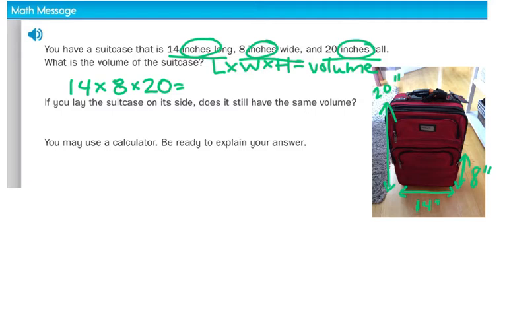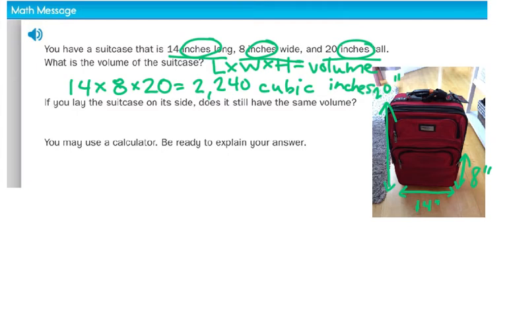All right, if I, on my calculator, take 14 times 8 times 20, I get a volume of 2,240 cubic inches. Remember volume is cubic.